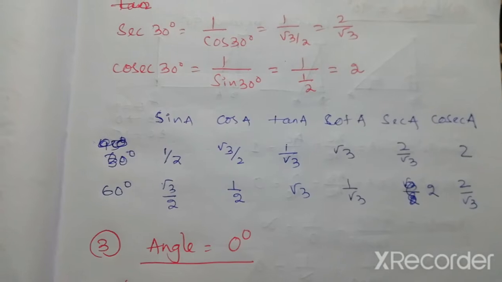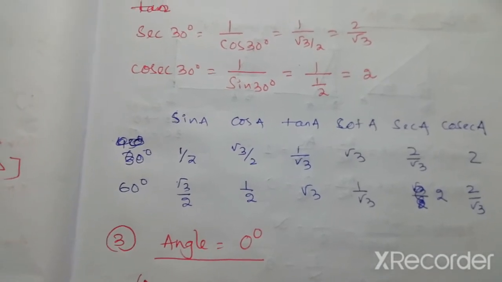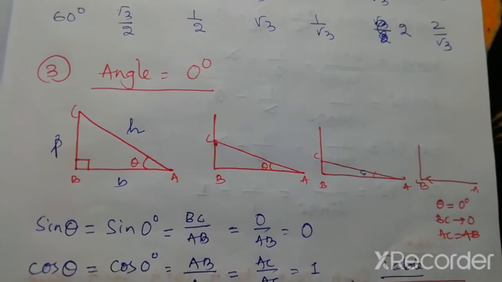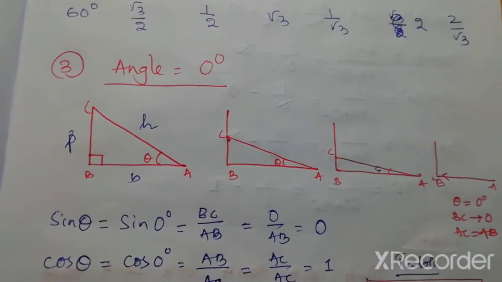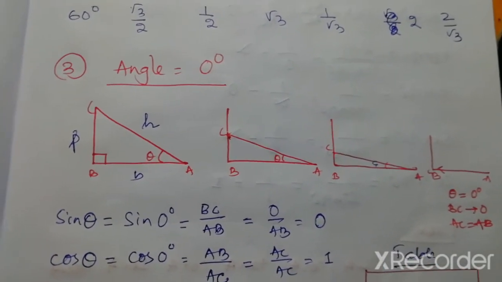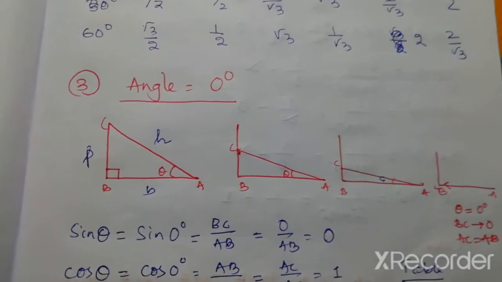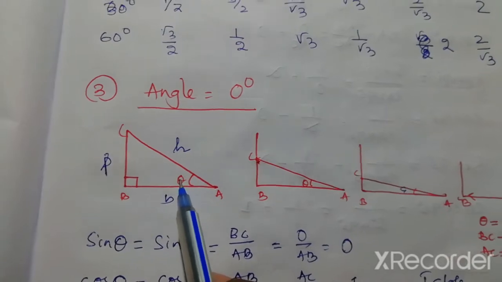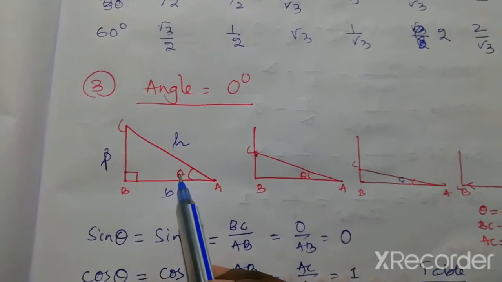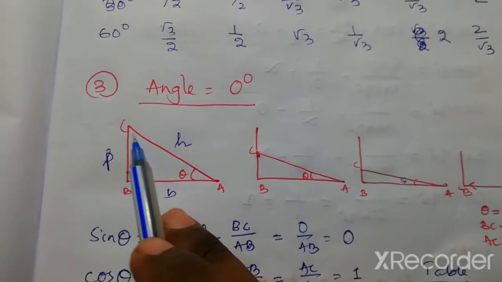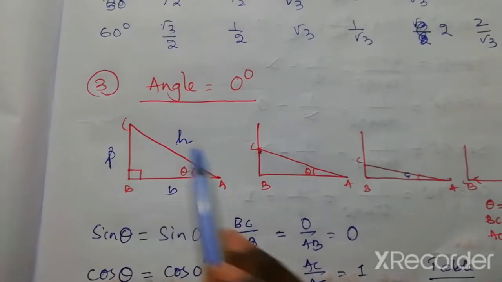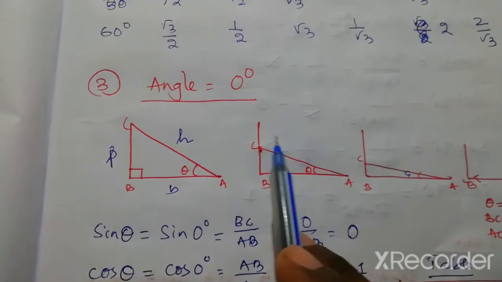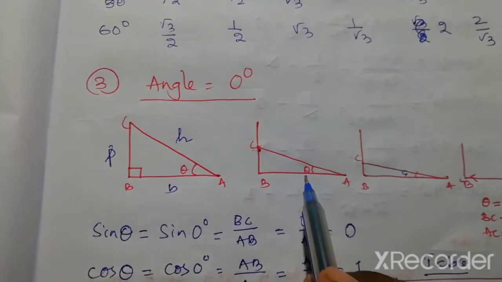Now we go to the angle 0 degree. To find the angle that is 0 degree, we have a special provision. What is that special provision? Look, how can this theta become 0? Whenever this side becomes less. Look, this C now comes to here, then theta is less.